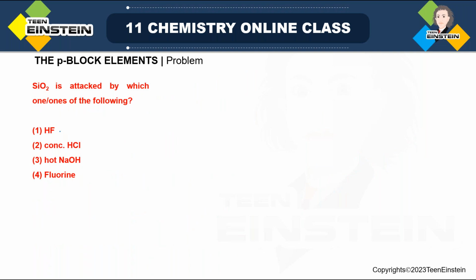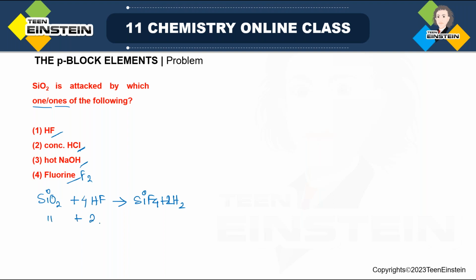SiO2 is attacked by which one or ones? That means it may be more than one correct answer. Here we have 4 reagents: HF, hydrofluoric acid, concentrated HCl, hot NaOH, and fluorine. We have seen that the reaction of silica is very specific because the molecule itself is very inert in nature, and it can react only with some specific compounds. It can react with HF, and there is formation of SiF4 and water.